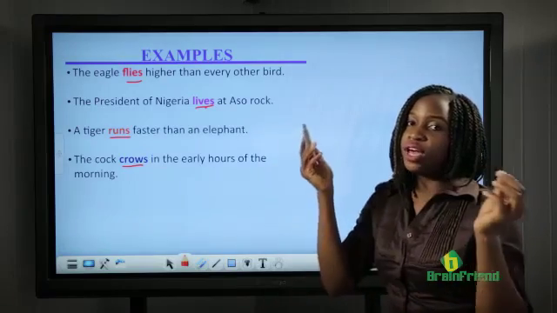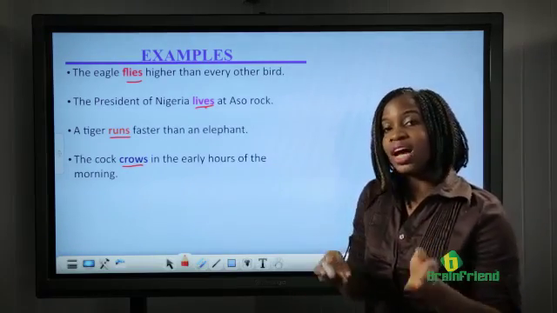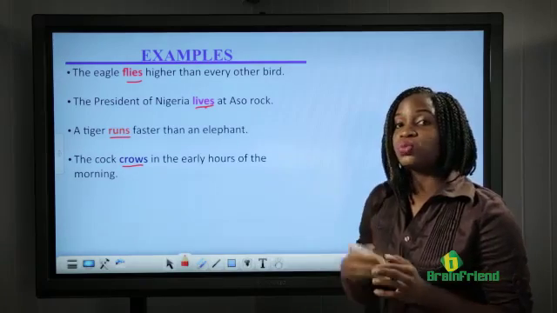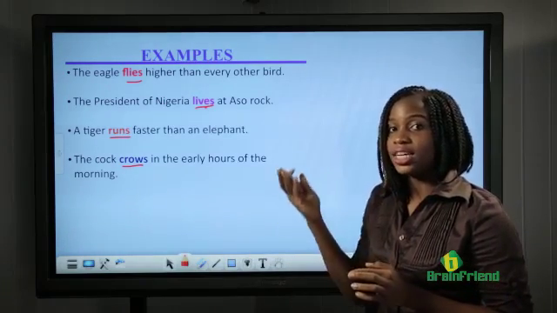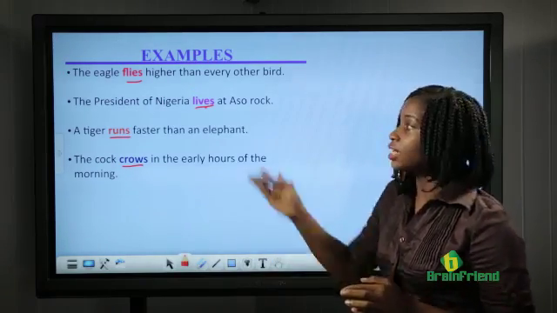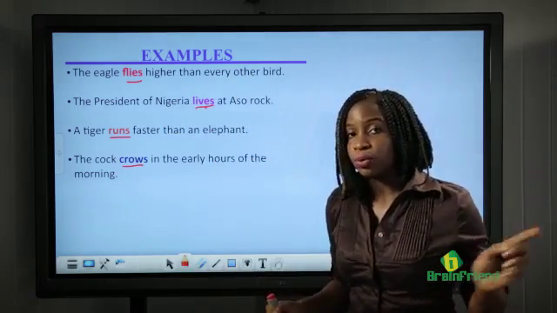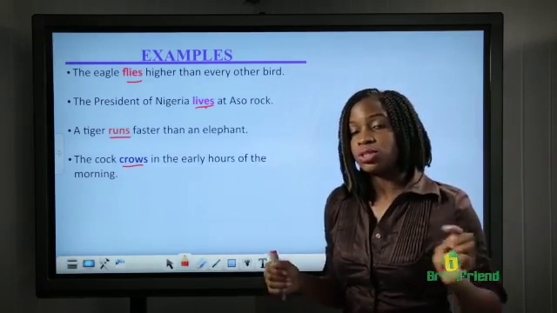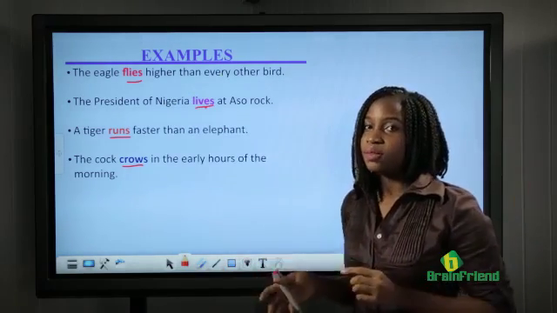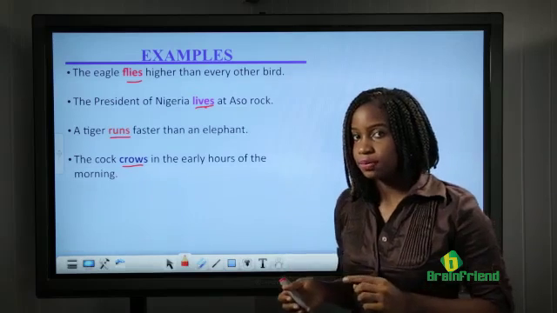And in the case of the verb ending in Y, coming after a consonant, we replace Y with I and we add ES. In these sentences, you can see that we are talking about other people or other things. That is, we talk in the third person singular.